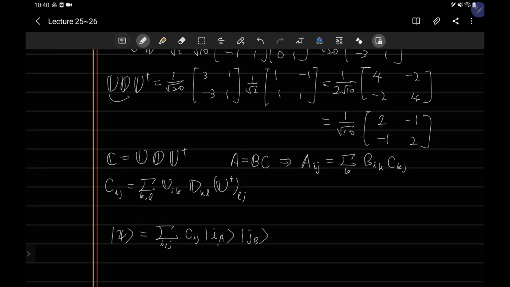So this means that 1 2, 1 3, 2 2, 2 3, or 3 3, all of those kinds of combinations might appear in this summation.